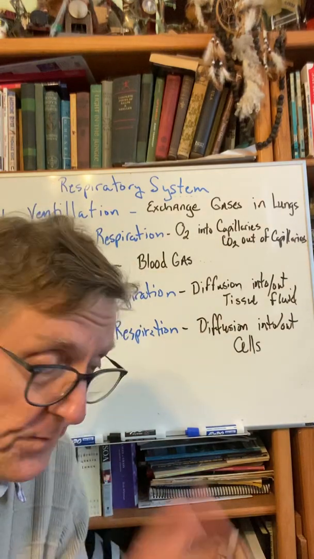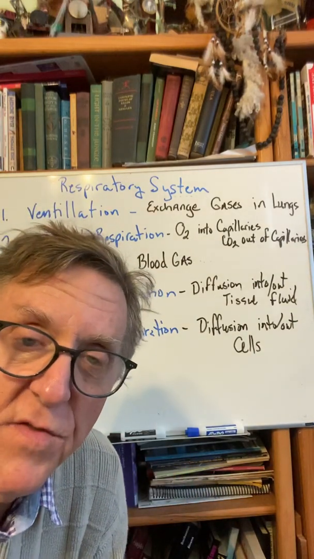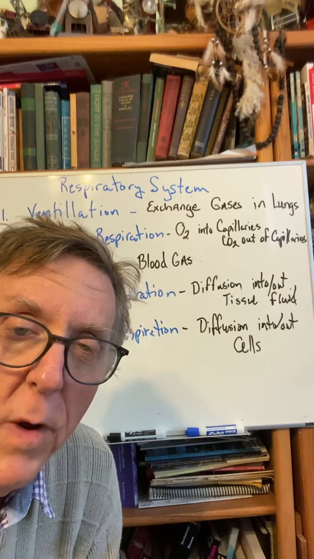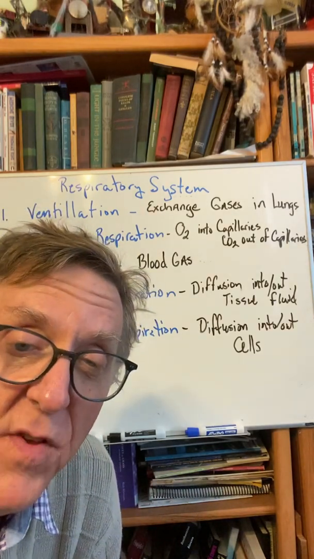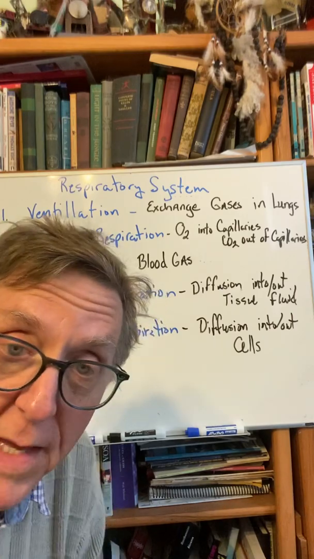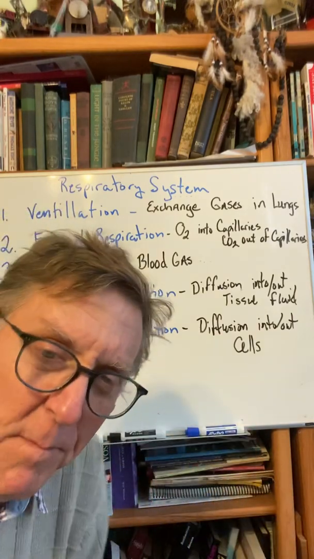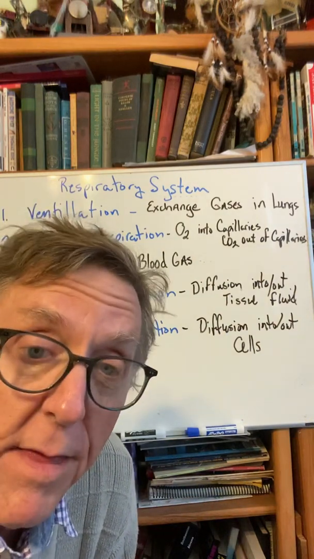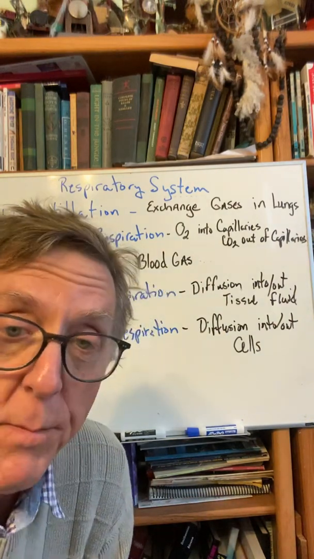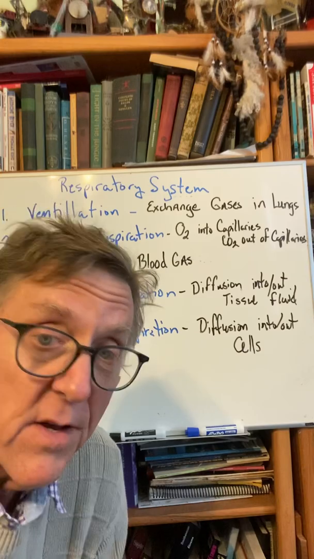With the respiratory system, we're going to be talking about 5 processes that are involved in breathing. And I always ask in class, why do you breathe? What is the point? And people will usually say, because I'll die.